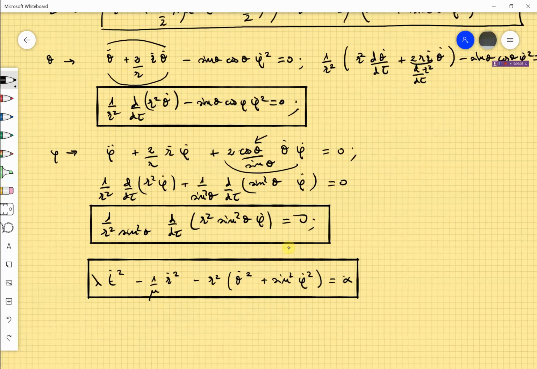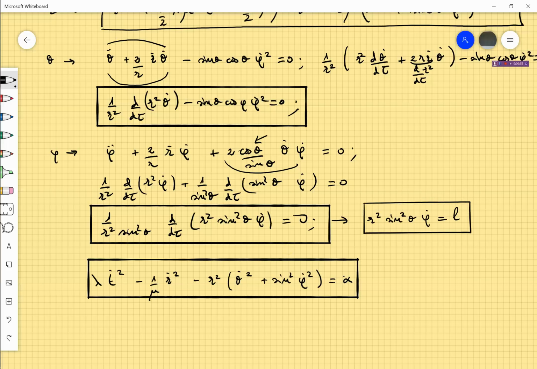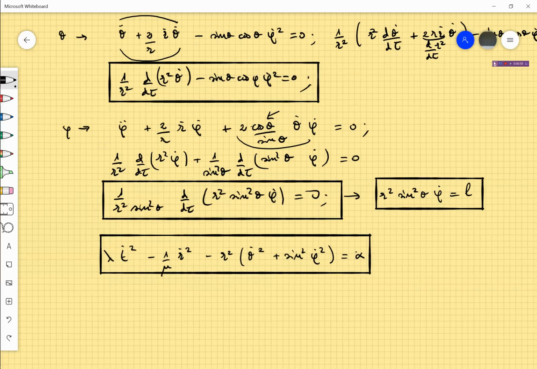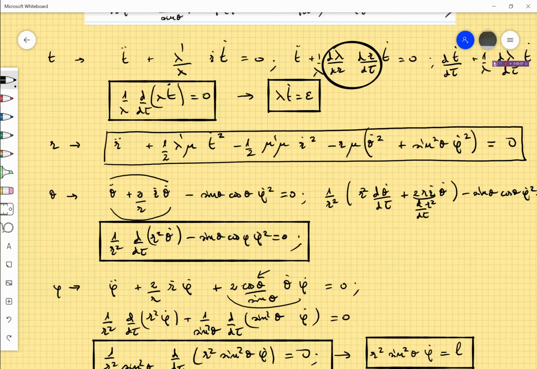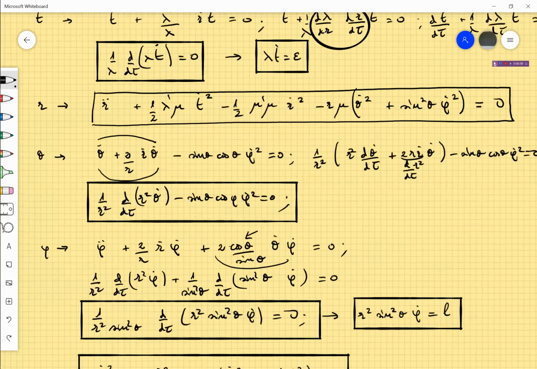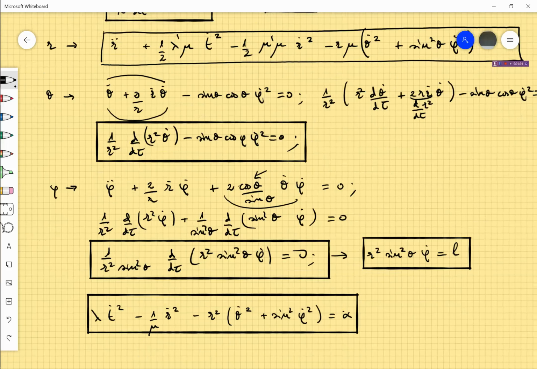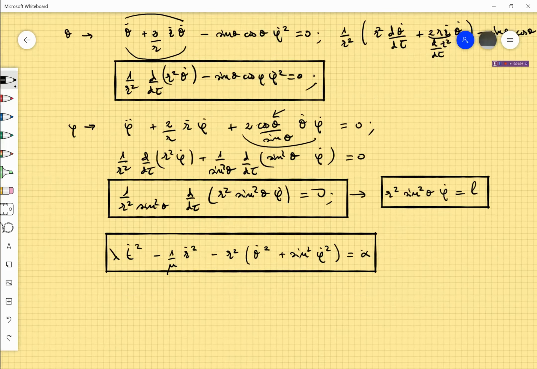And the other equation that can be integrated immediately is the phi component of the geodesic equation. That gives r squared sine squared theta phi dot equal to some other constant that we call L. We can use these 2 integration constants, epsilon and L, to eliminate T dot and phi dot from the rest of the equations.